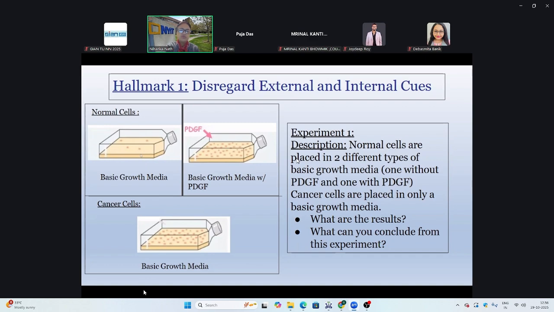They have certain genes telling them not to be contact inhibited. They don't bother with contact inhibition, and certain genes tell them you can keep on growing. You don't have to have a nice layer. Just keep on growing on top of each other.